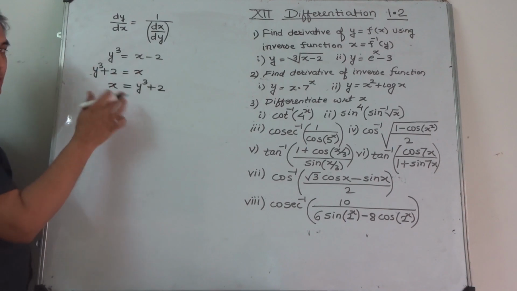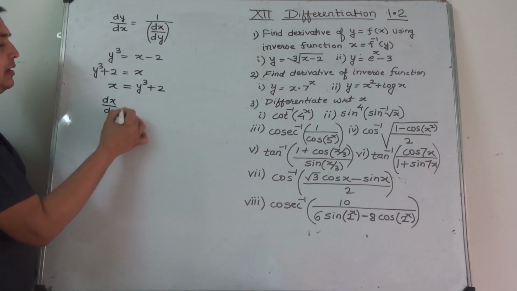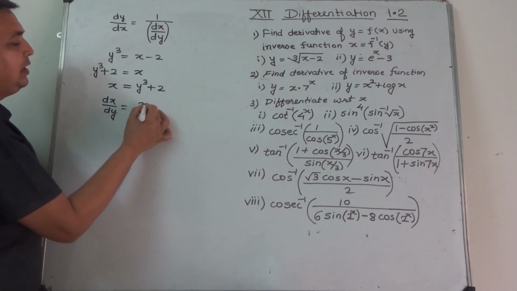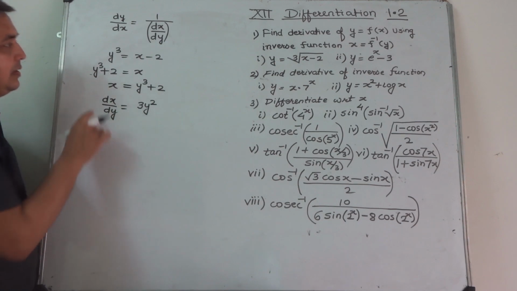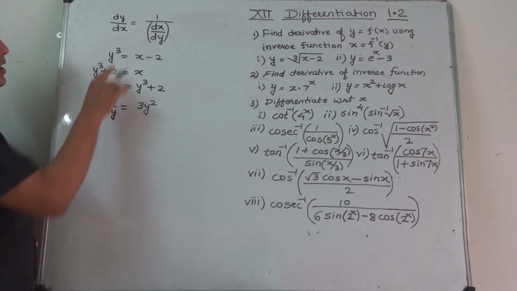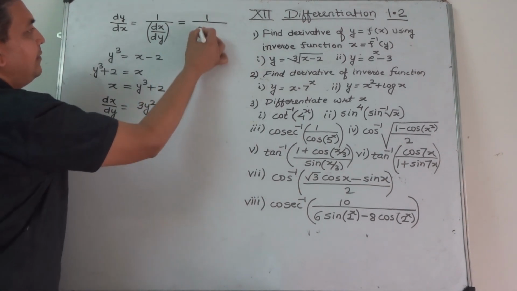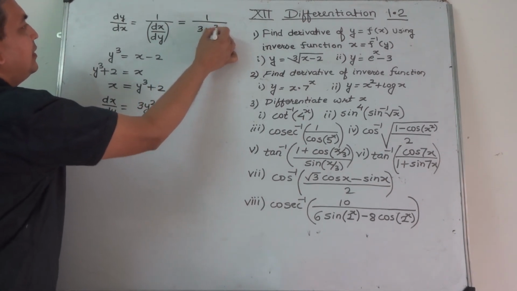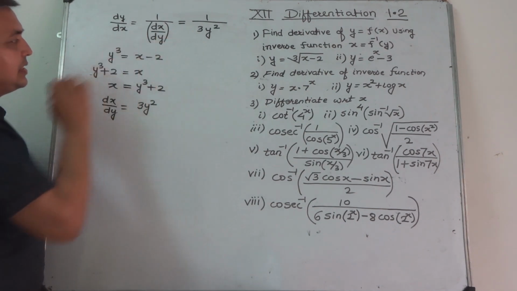X equal to y cube plus 2, and now the derivative dx by dy is equal to 3y square, and the derivative of 2 is 0. Using this value of dx by dy here, we will get the solution as 1 upon 3y square. So this is the answer.